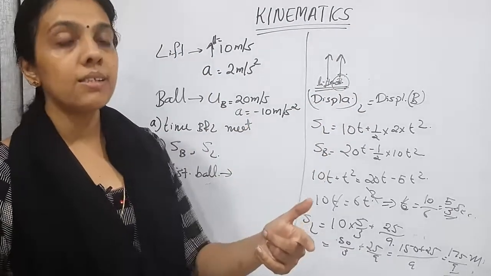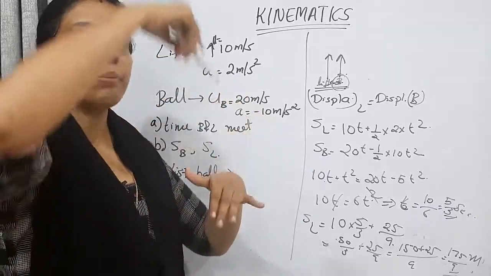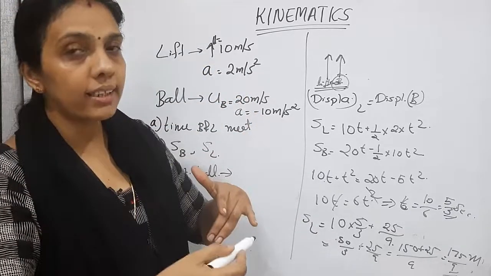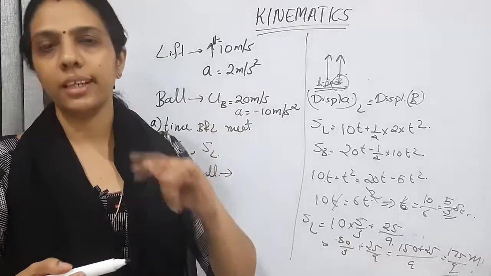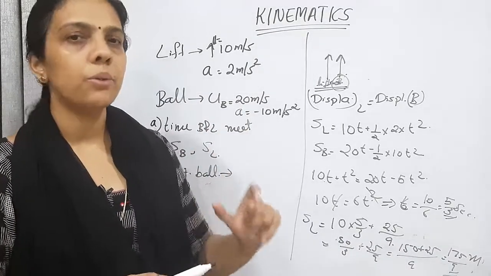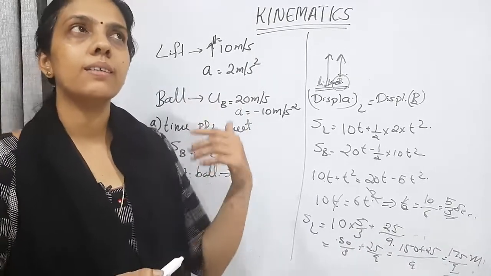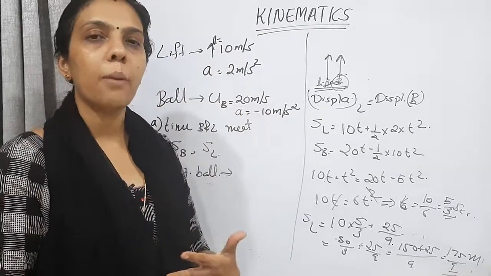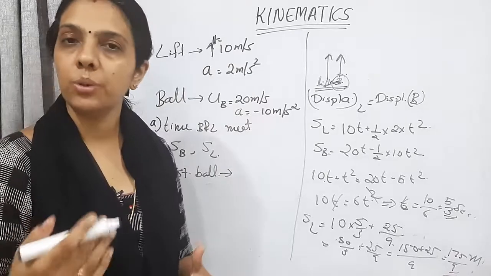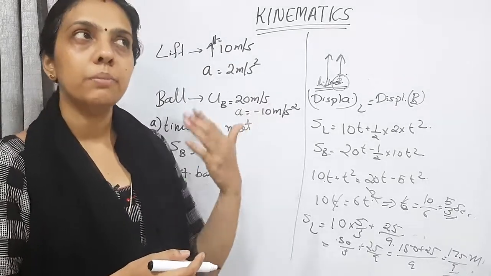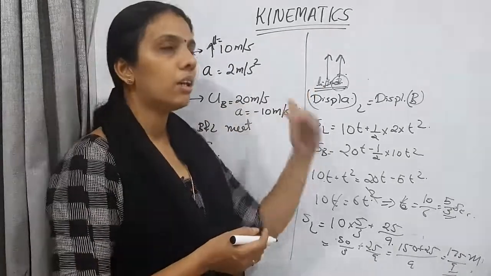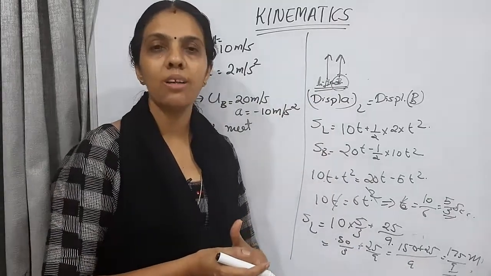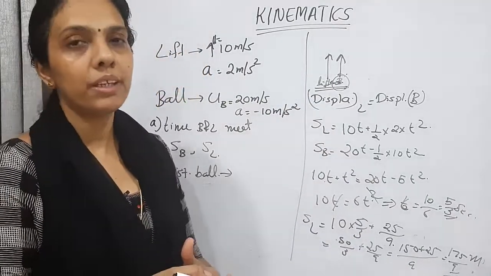And another possibility is that the ball reaches the maximum height, and during the downward motion it can meet. If it is in the upward motion itself, displacement will be equal to distance. But if both meet during the downward motion of the ball, then we can't say distance will be equal to displacement.